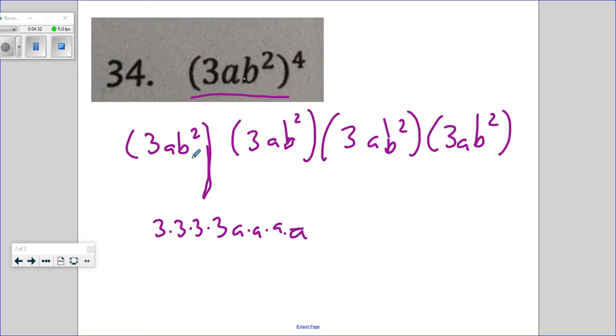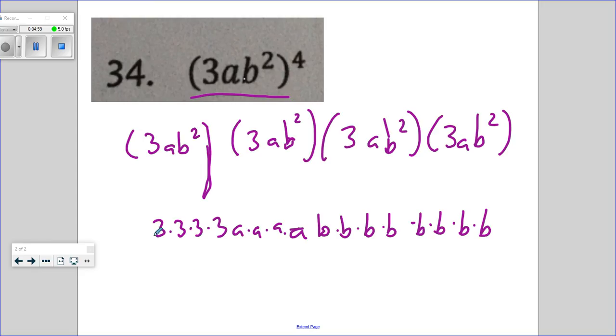And then I have b squared times b squared times b squared times b squared, so that's really b times b times b times b times b times b times b times b. Okay, that's expanded. That's a lot of work.